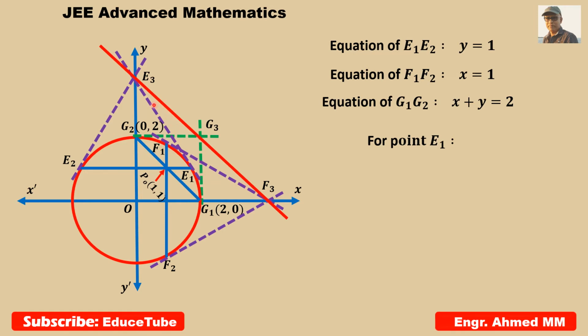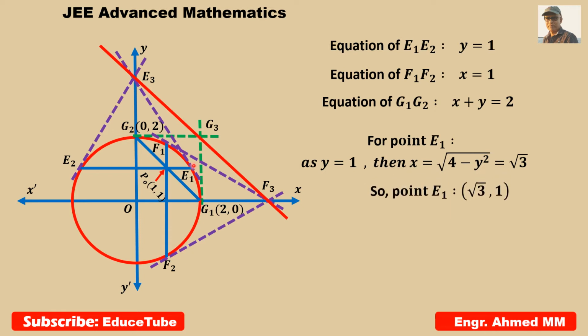So let's first find the point. For point E1, at this point we know the y coordinate is 1. So we put this in the circle equation and we get x equals square root of 3. So we get the point coordinates (square root of 3, 1).